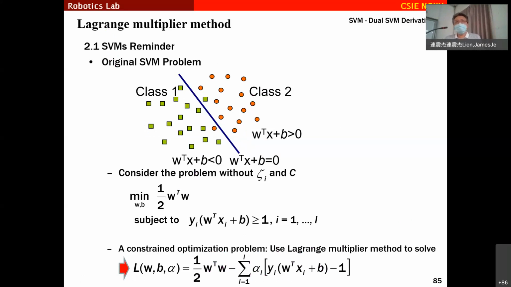Why, before deep learning, was the support vector machine so famous? Because it uses Lagrange to solve the problem. And right now, more people use the Lagrange as the loss function of deep learning because we want to have more constraints here.